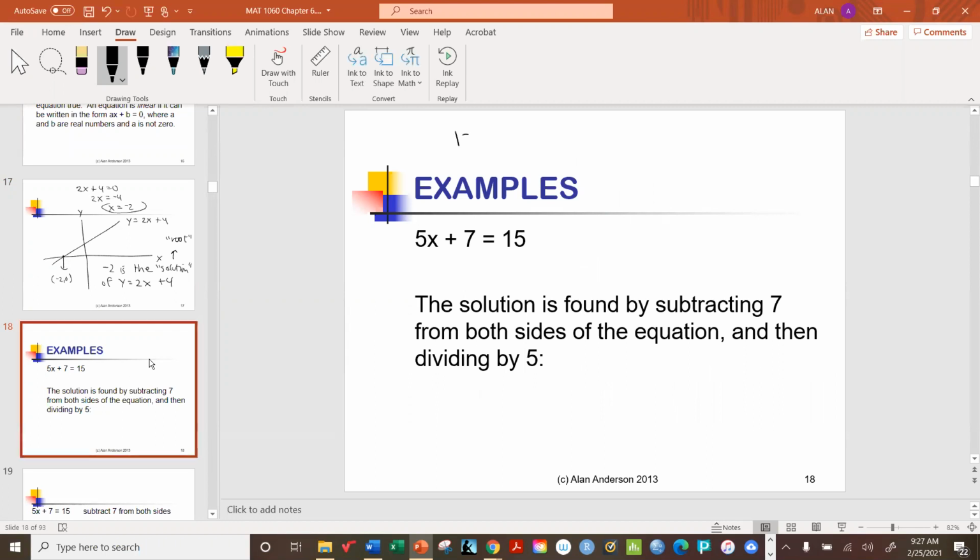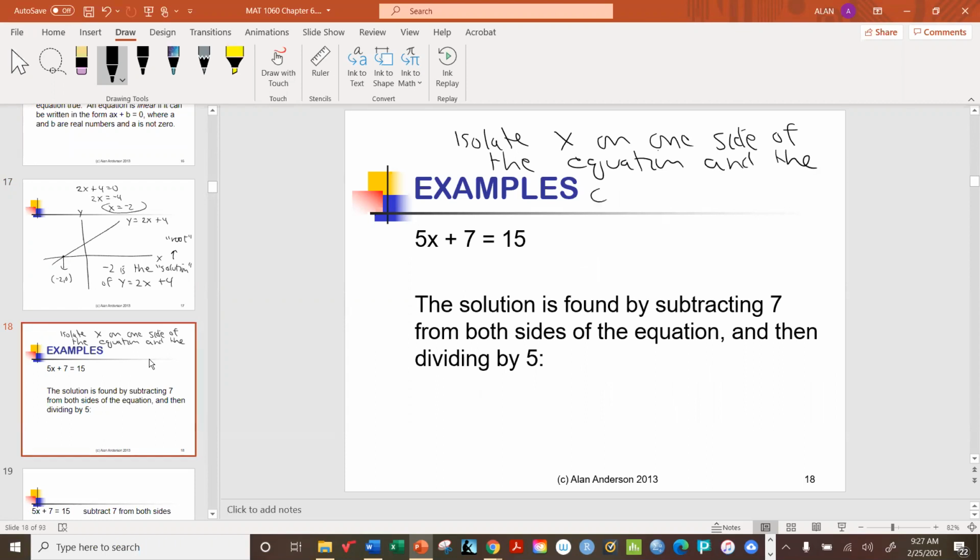You want to isolate x on one side of the equation. This is the basic strategy. And the constants on the other side of the equation.